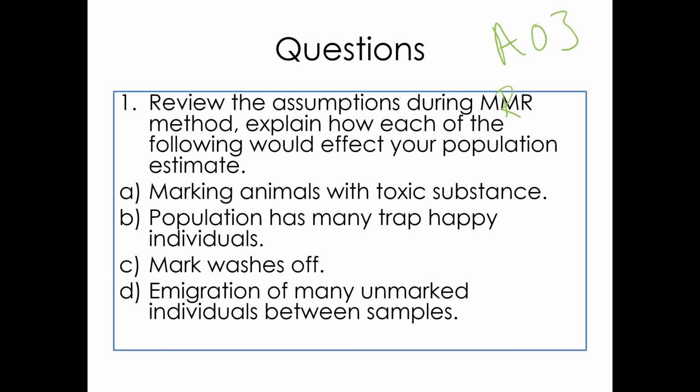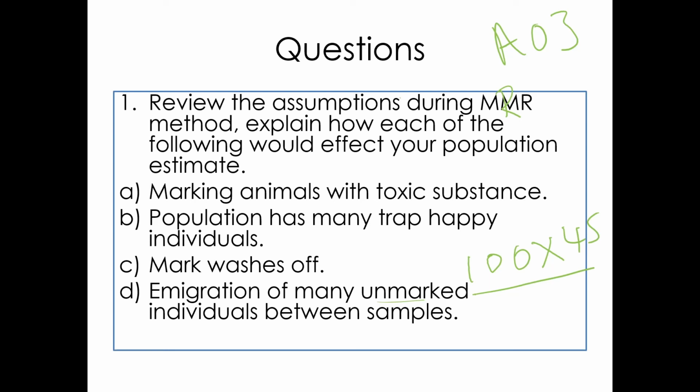And migration, so this is the unmarked individuals moving into the area. Remember this one's a bit harder to think about because it's a ratio, and what's happening is that your ratio is going to be affected by the influx of unmarked individuals between the two samples.